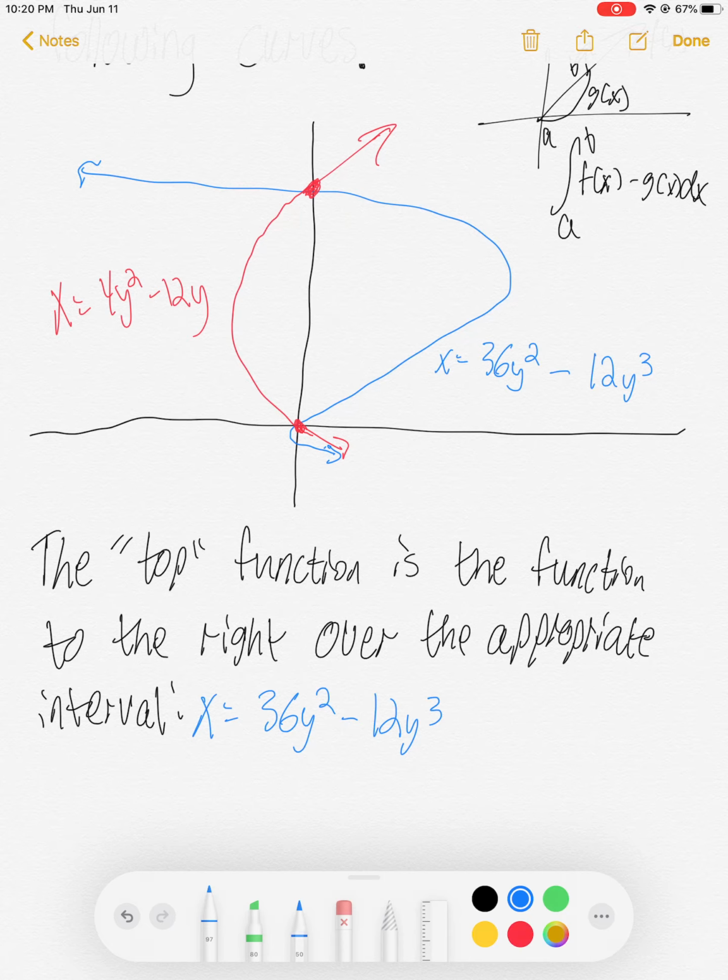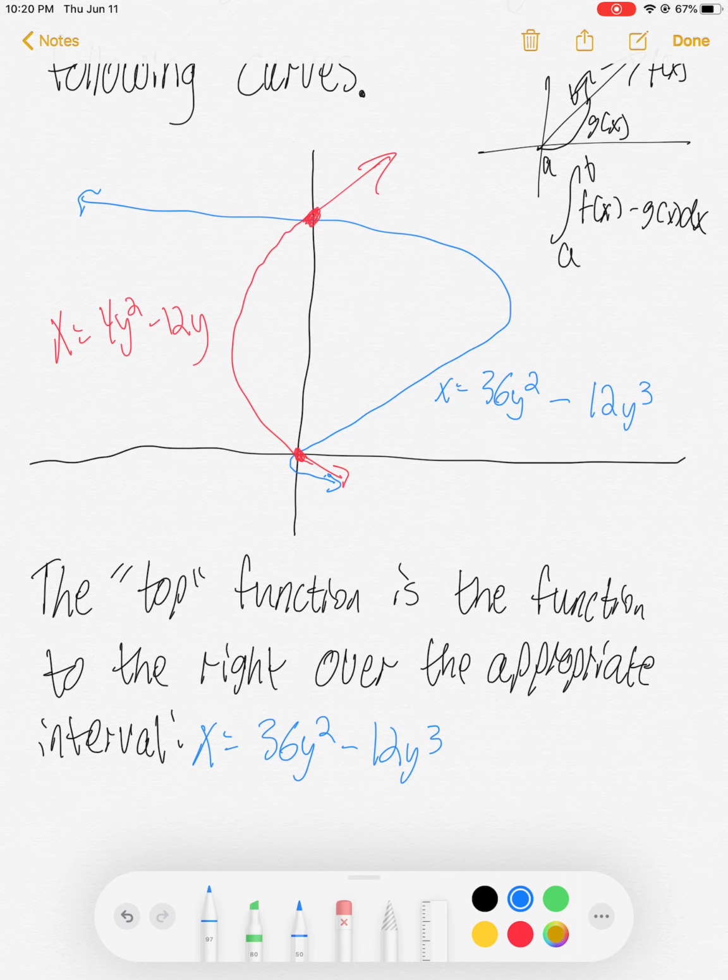In this case, the thing that's playing the role of what we're used to seeing as the top function is x equals 36y squared minus 12y cubed. Because as you can see over this interval, over the region that the two curves enclose, this curve is on the right.